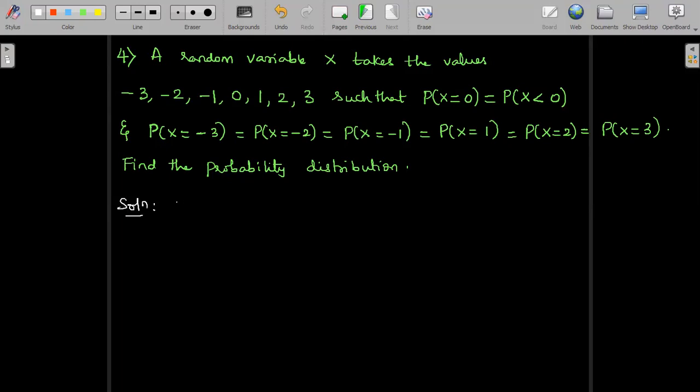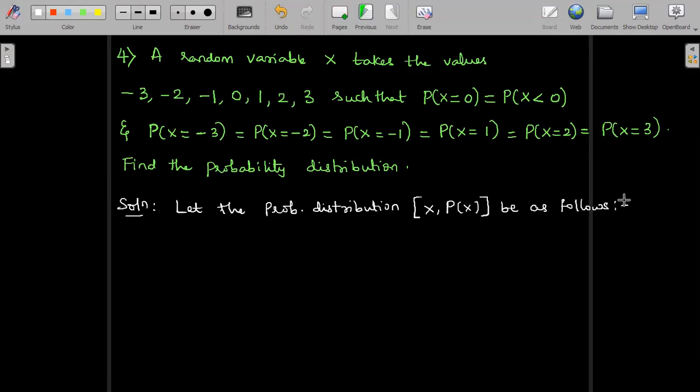Let the probability distribution that we have to find out be written in the form x, P of x. Let us frame a table now.